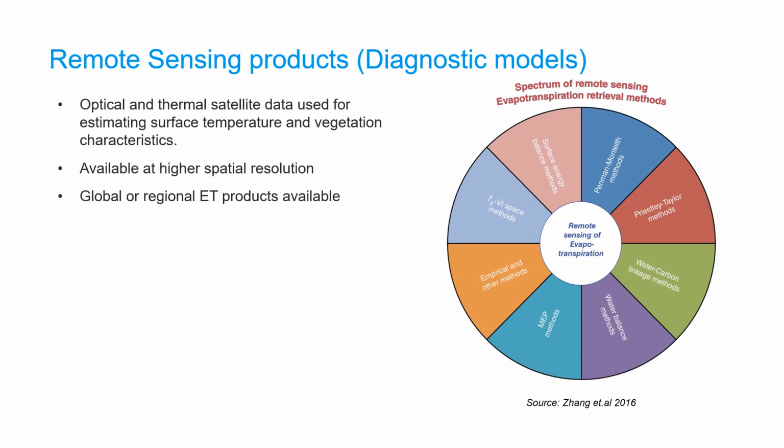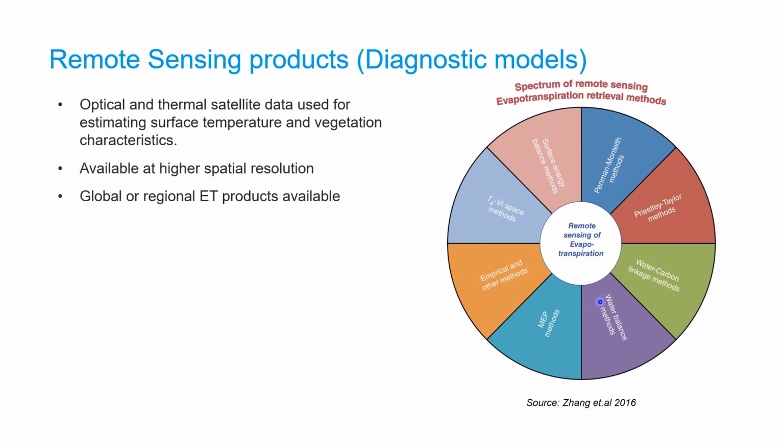The remote sensing ET products are based on well-established tailored algorithms, primarily using thermal and optical data from satellites. These data from satellites are used to compute surface temperature and other vegetation indices, which represent key variables to map ET.